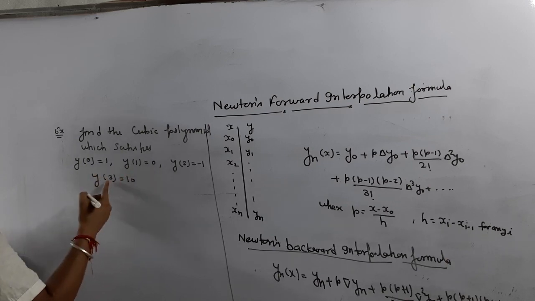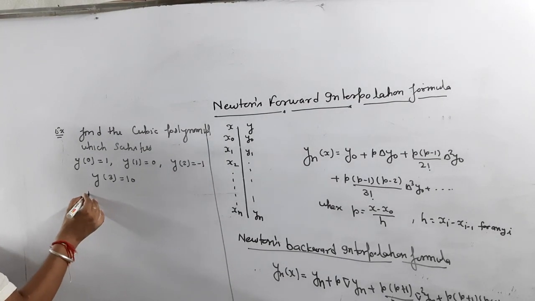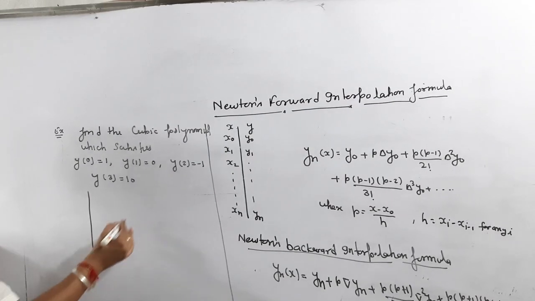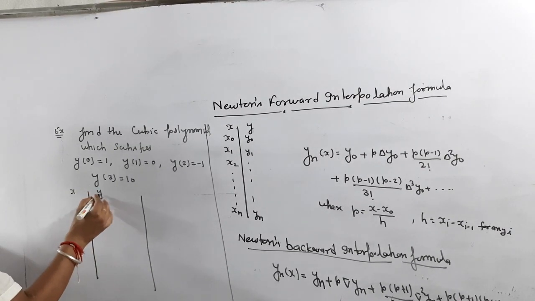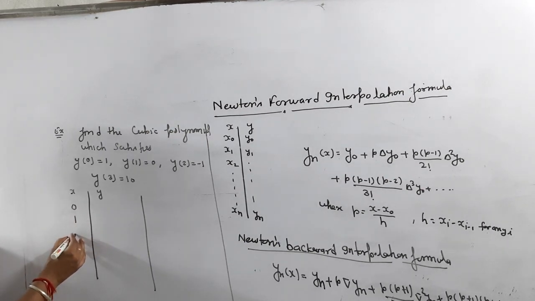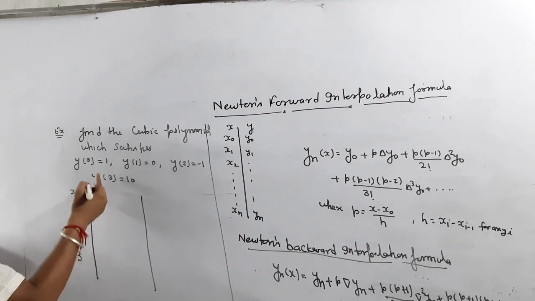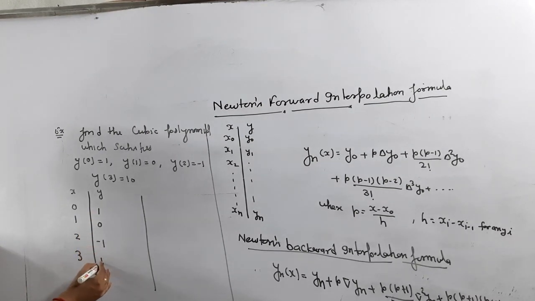Because 4 values are given, it will definitely be a third degree polynomial. Because a set of values is given, x here and y here. What is x? x is 0, 1, 2, 3. What are the corresponding y values? 1, 0, minus 1 and 10.